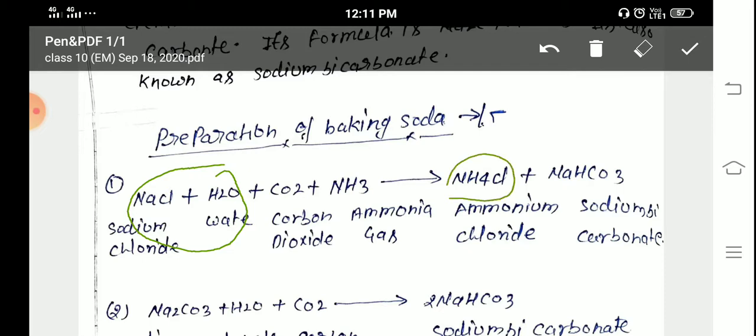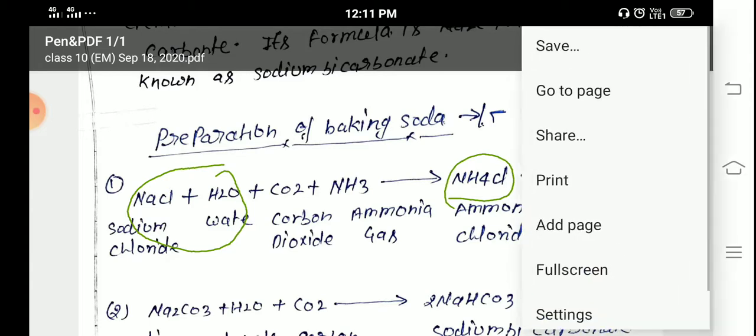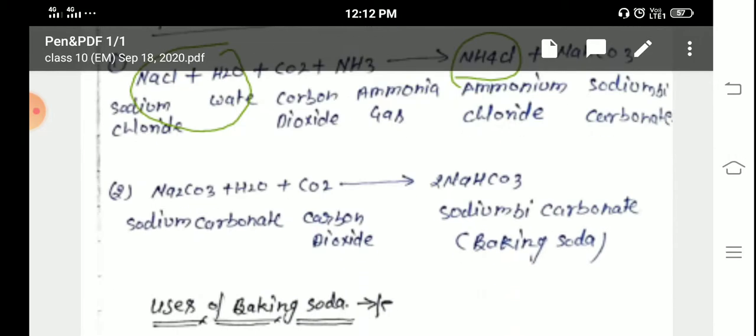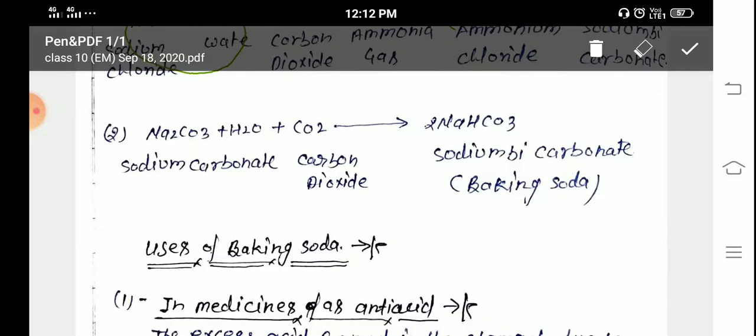NH4Cl is formed, named ammonium chloride, and sodium bicarbonate. Sodium bicarbonate is baking soda.